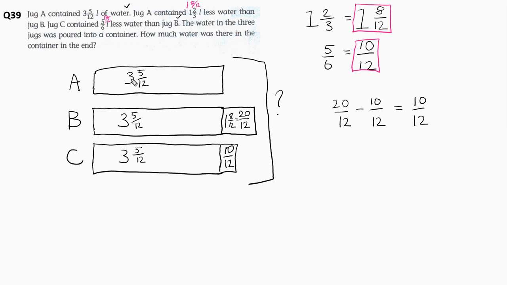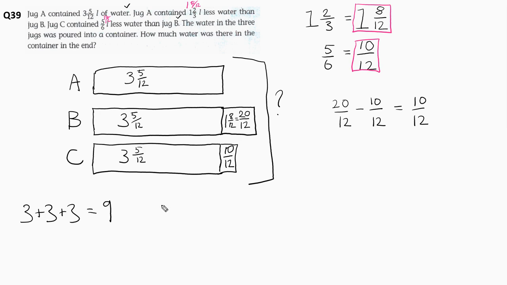Now we could convert 3 and 5 twelfths into an improper fraction, but to be honest with you, I'm not going to bother. I think that's actually just going to make our work harder. What I'm going to do is add, so we've got 3, add 3, add 3, and that gives us 9. So we've got 9 wholes. And then I'm going to add the fractions separately and then add them back to the 9 at the end.